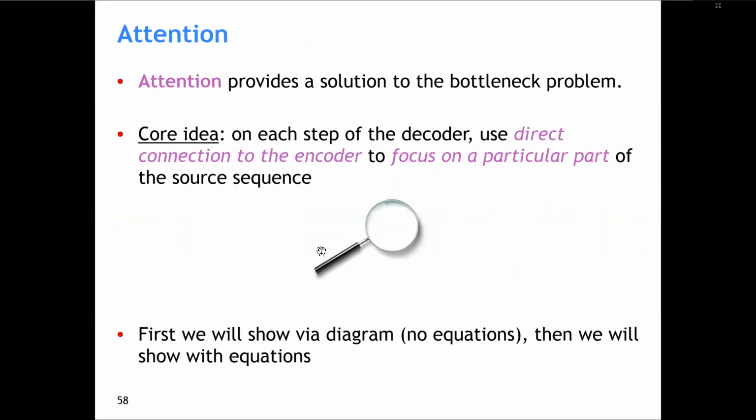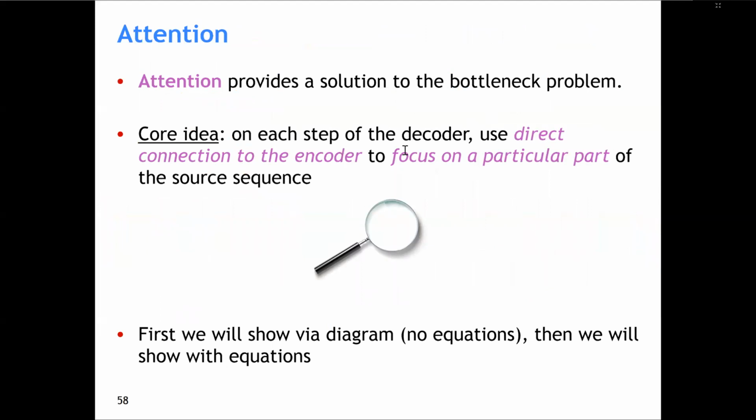So attention provides a solution to the bottleneck problem. We don't want to depend on just that one last context vector. The core idea is that on each step of the decoder, we use a direct connection to the encoder to focus on a particular part.